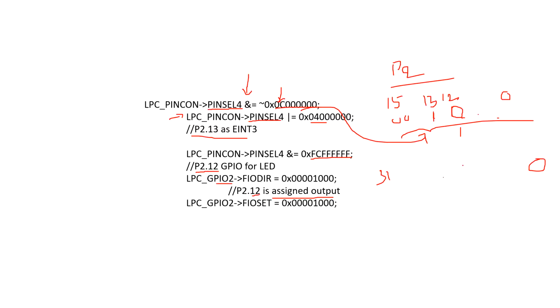Somewhere over here the 12th pin will come, so that bit only should be made as 1 and the rest all should be 0. If I make this, then I will be getting this number. Similarly, here I am clearing. If I want to set it, again the same number has to be set, so that's why I will be using this number. So this is how we select the pin function and the input output configuration.